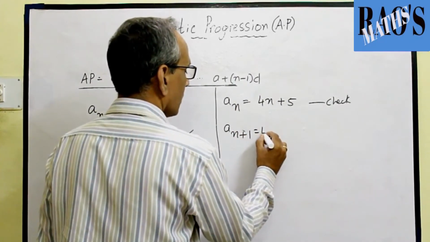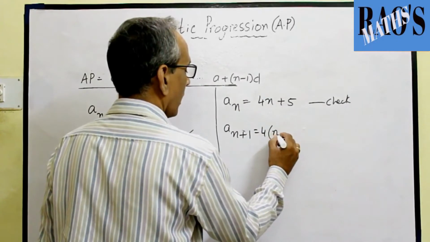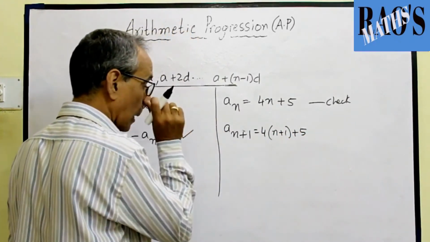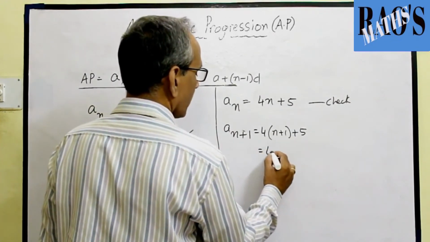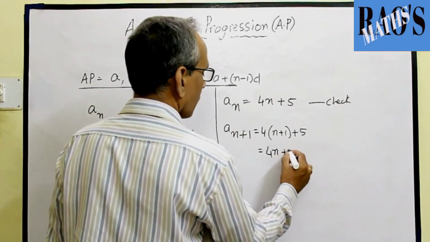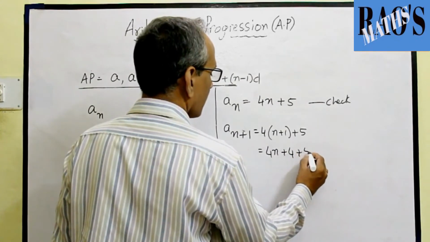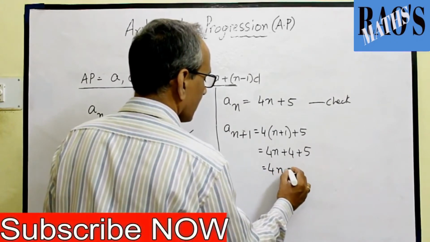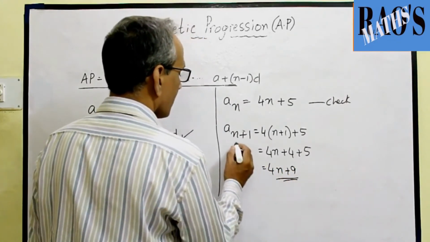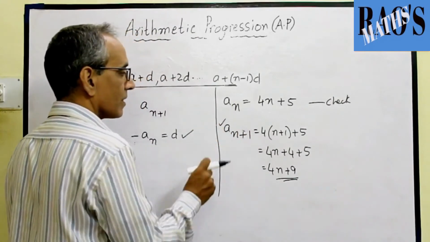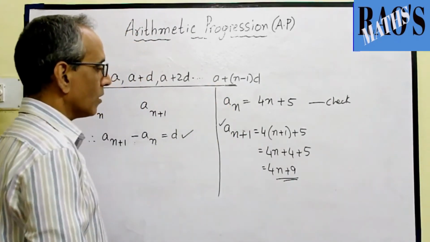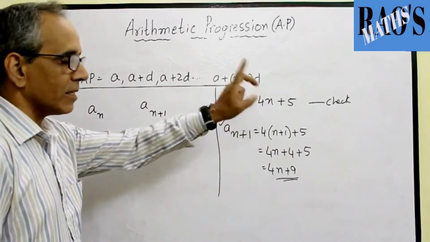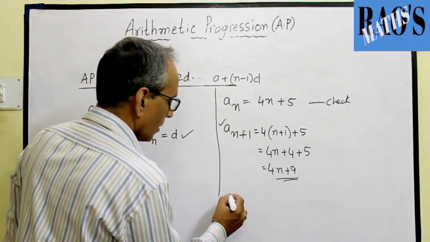So this is 4 times (n plus 1) plus 5. Okay, it is equal to 4n plus 4 plus 5. That is 4n plus 9. This is a(n plus 1), the successive term of an. So by the rule, if I subtract these two, if I get a constant term D, we say it is the term of an AP. Let's see.